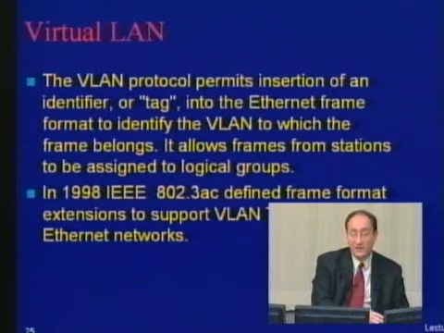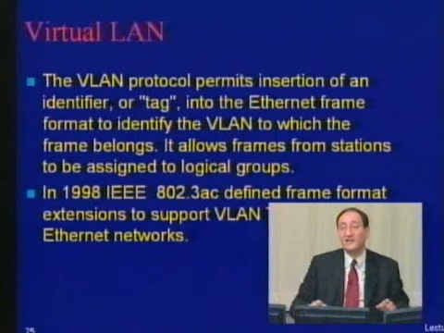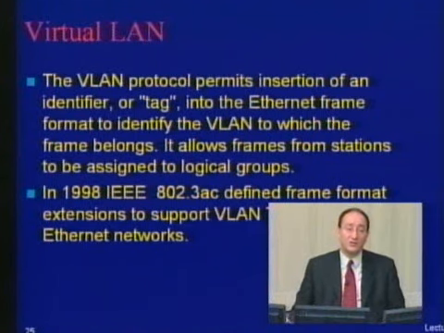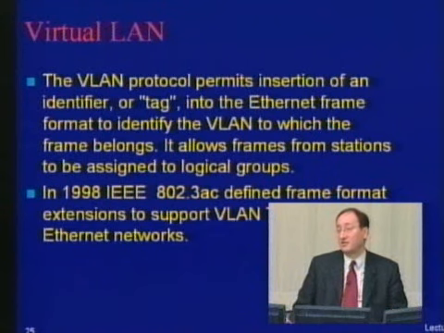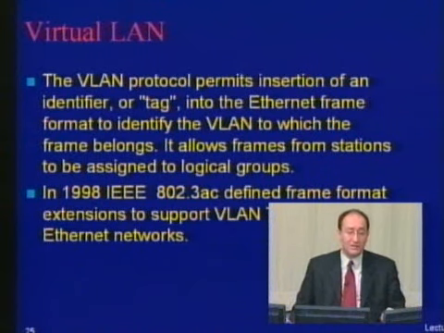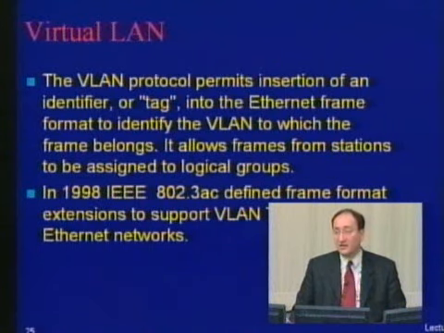Okay? That's the VLAN connection. Okay, I want to be a part of the LAN in WPI while I'm sitting at home. In order to do that, I have to add a sort of tag to tell people that I belong to this thing. Okay, that tagging is what makes it a virtual local area network. How to implement it and how it works, that we will discuss in the next lecture.